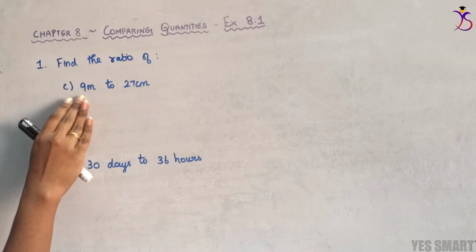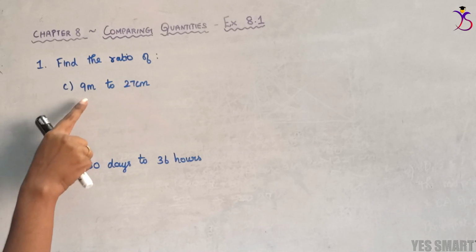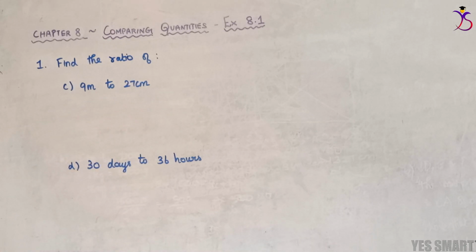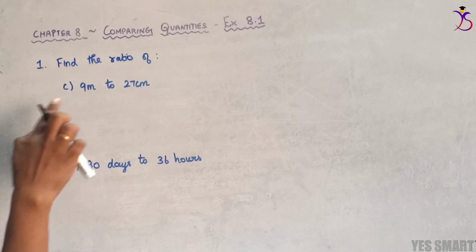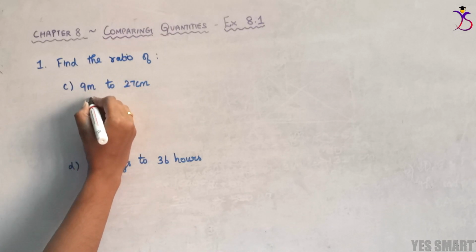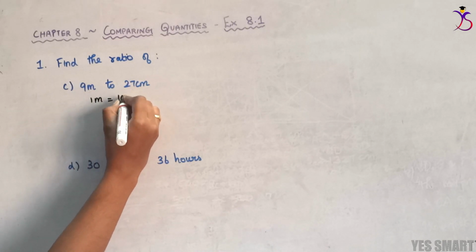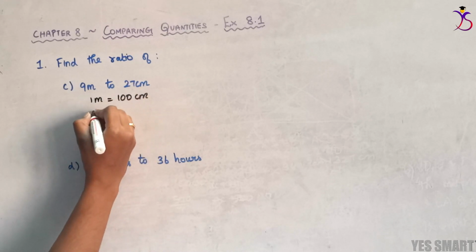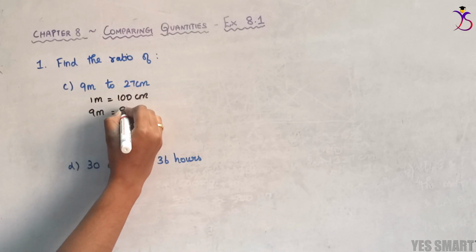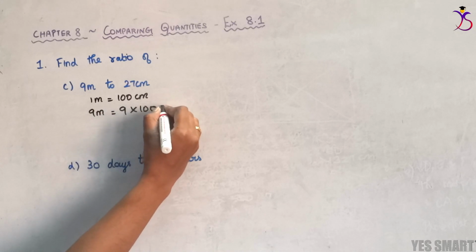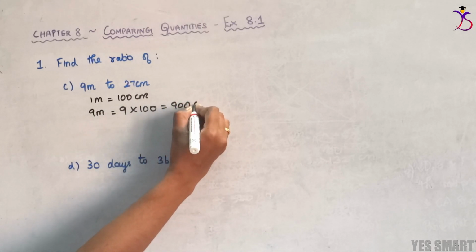Now C sum. 9 meter to 27 centimeter. One is in meter and the other one is in centimeter. Now let's do the conversion. We know that 1 meter equals 100 centimeter. So 9 meter equals 9 into 100, which is equal to 900 centimeter.